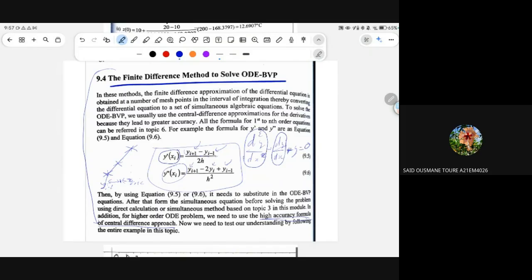Okay? This usually is y_i. No, sorry, it's here actually. y_i. So this is x_i. The x at the middle here is usually x_{i+1}, which is the x after it, plus x_{i-1}, divided by 2.